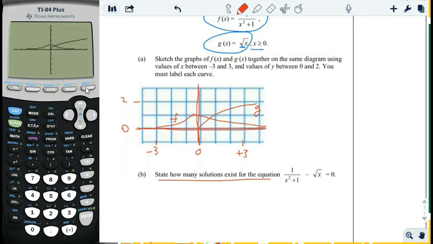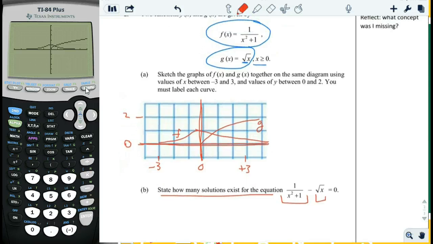State how many solutions exist for the equation 1 over x squared plus 1 minus square root of x equals 0. And you might say, well, what the heck does this have to do with these two functions? And the reason why this has to do with these two functions is because let's say that you wanted to find that intersection right there.